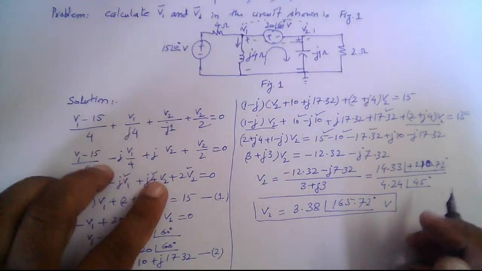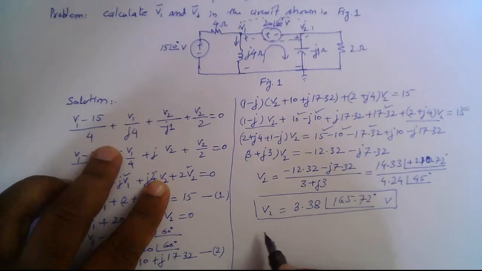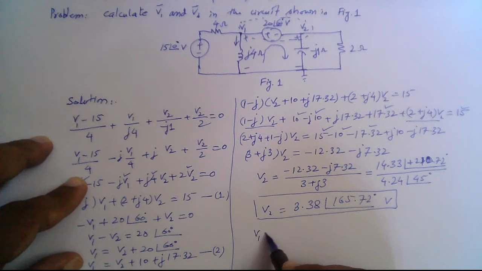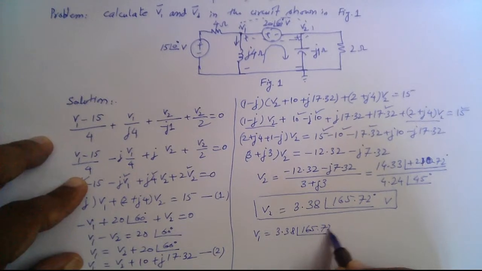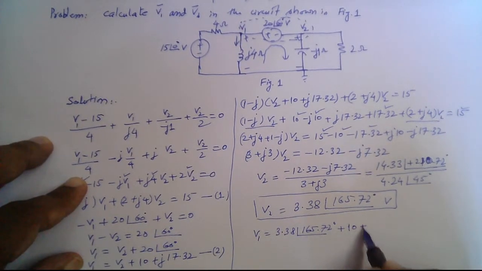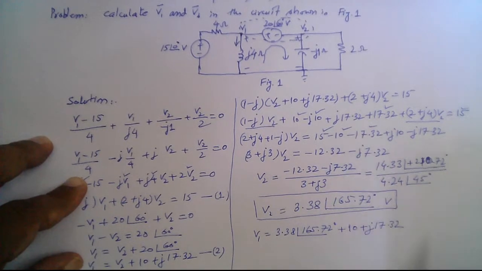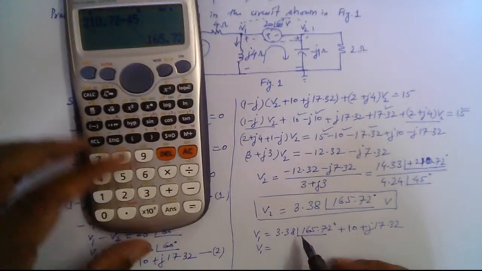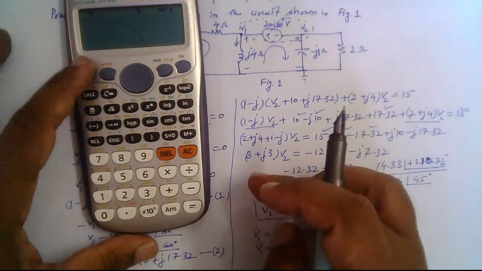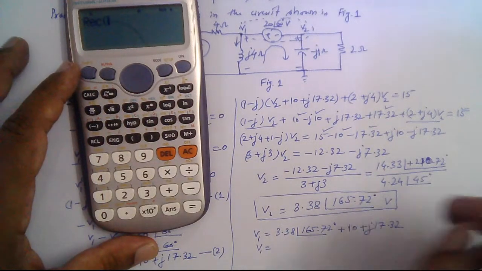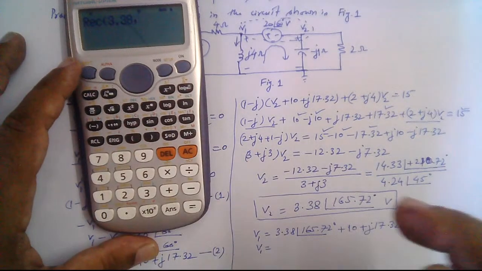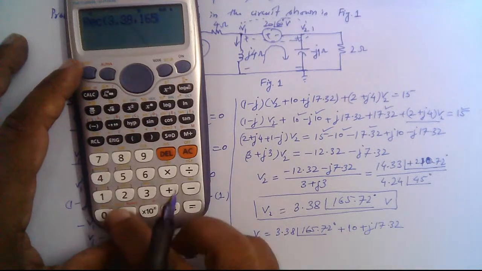So to obtain V1, we substitute this value of V2 here in this equation 2. So V1 is equal to 3.38 angle 165.72 degrees plus 10 plus j17.32. So let's transform this polar number to the rectangular form. 3.38 and angle is 165.72.